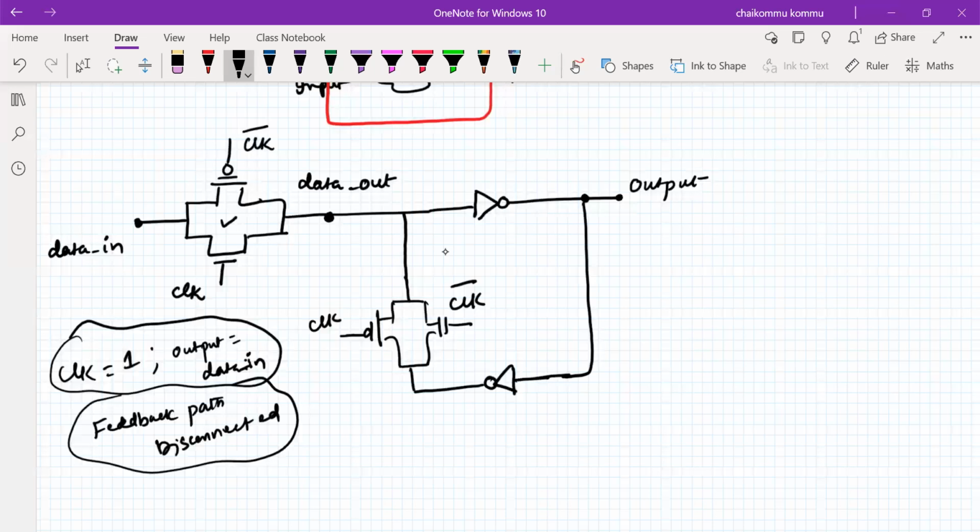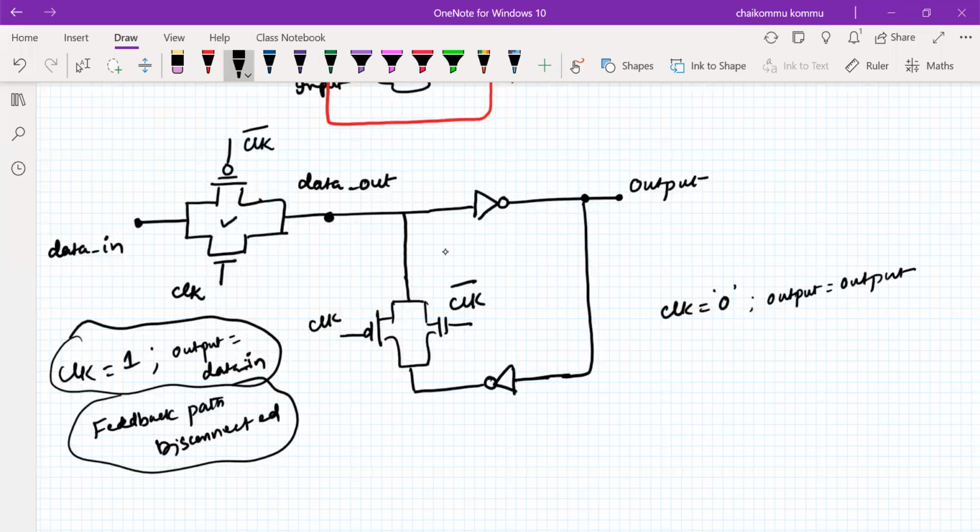So see here, for example, if the clock is 1 we have already written. If the clock is equal to 0, what will happen? What will happen? Output is equal to output, right?